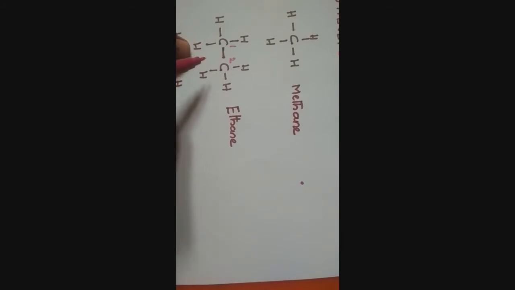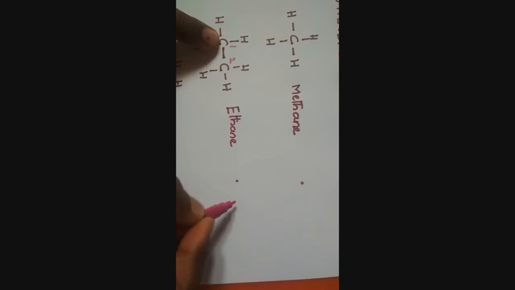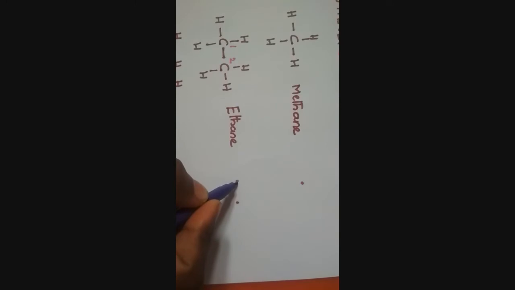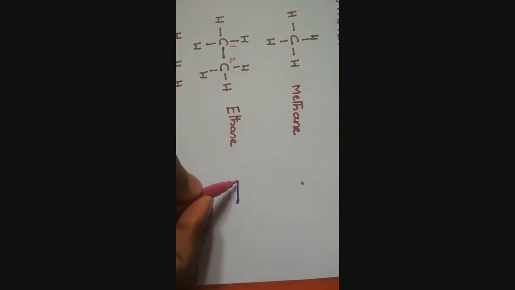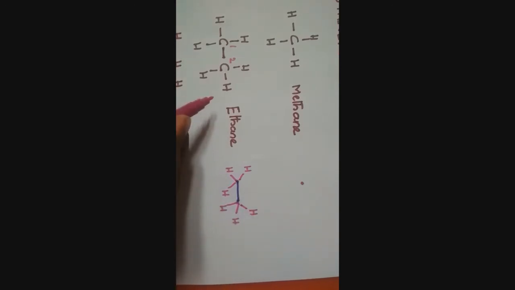If you come to ethane, you put 2 dots, 1 carbon and 1 more carbon, connected with a line, that is called a bond. Around this there are 3 hydrogens. Similarly, for this carbon also 3 hydrogens are there. So it is similar to ethane.